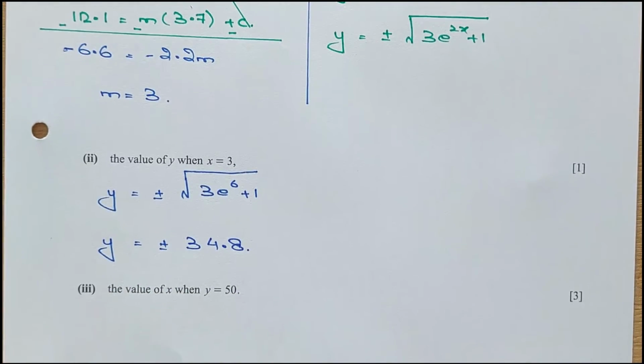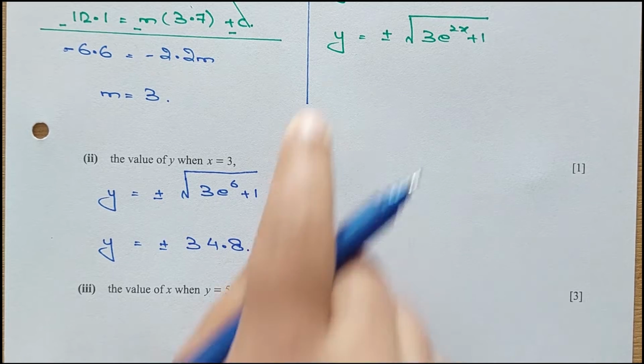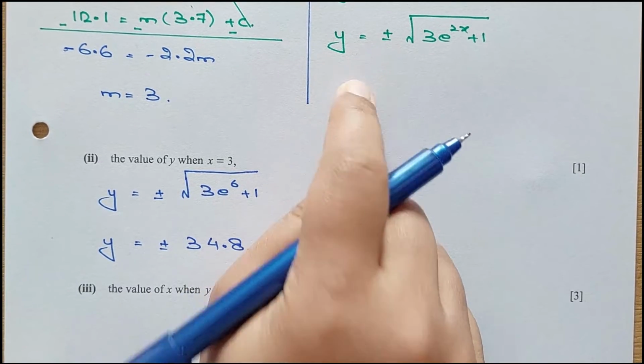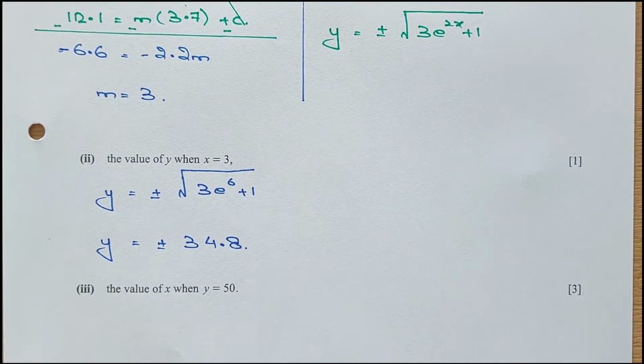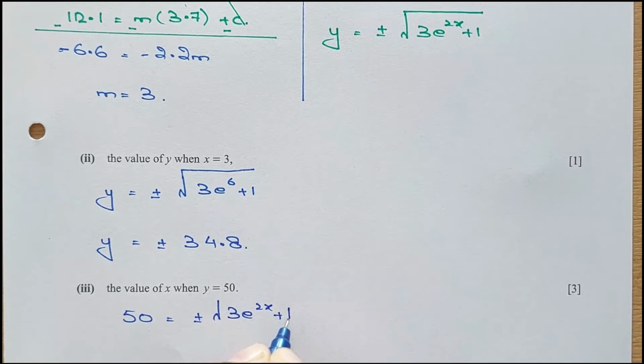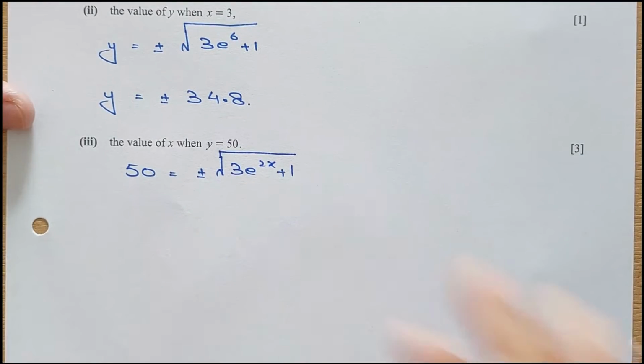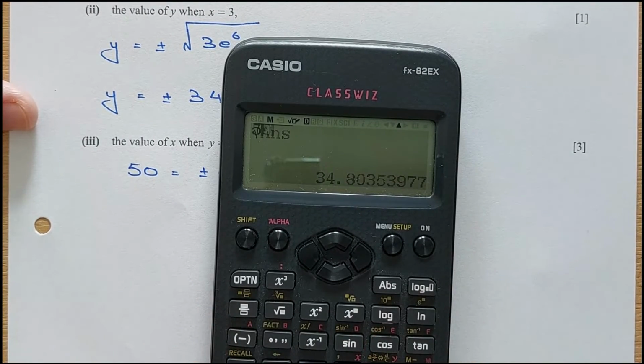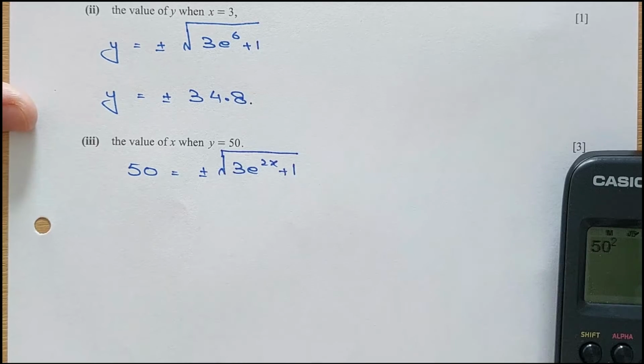Now for the third part, the value of x when y equals 50. So just substitute y equals 50 and solve for x. So 50 equals plus or minus square root of 3 e power 2x plus 1. To get rid of the square root, we have to square both sides. So 50 squared is 2500.